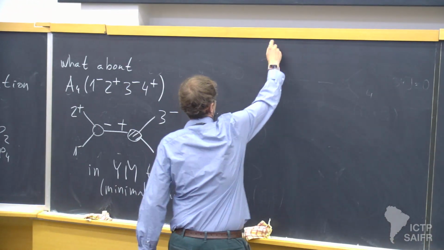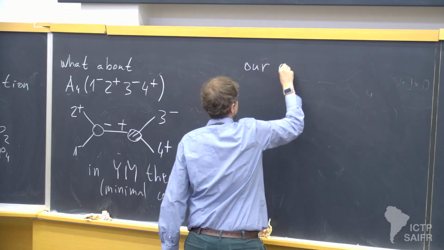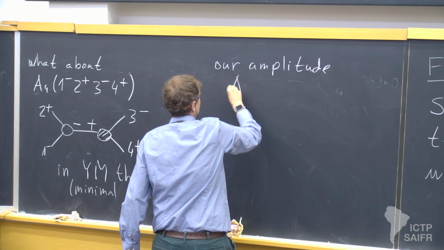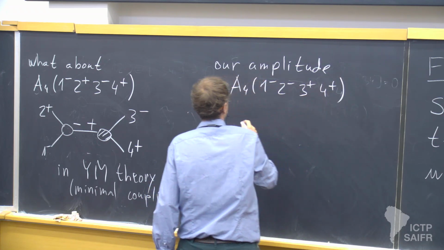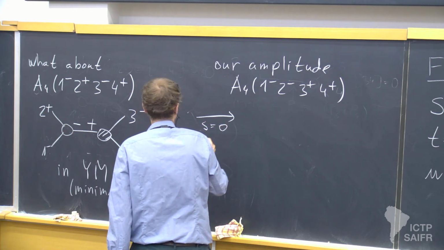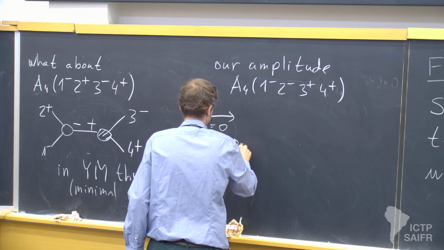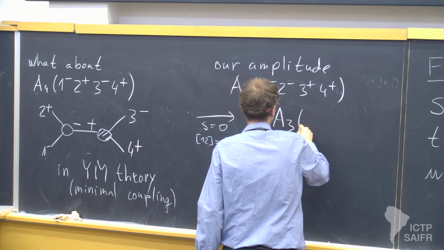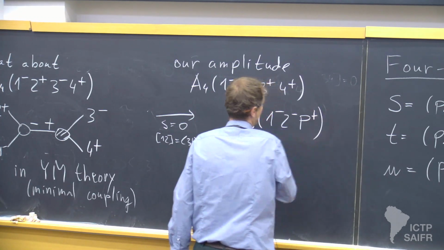Okay, so let's write it explicitly now. So our amplitude (1 minus 2 minus 3 plus 4 plus) on the s equals 0 pole, when we made the first choice, but there will be for 1, 2, and 3, 4 is 0, factorized into a 3-point amplitude, which had helicities 1 minus, 2 minus, and p plus.